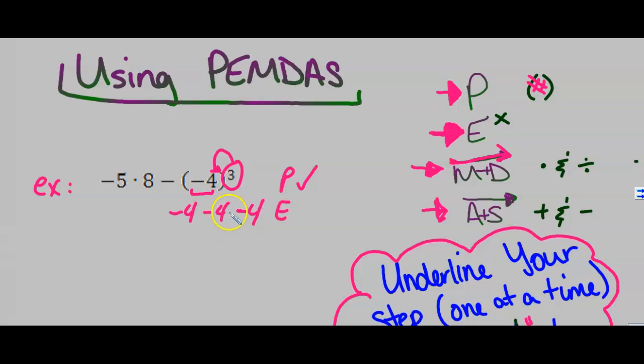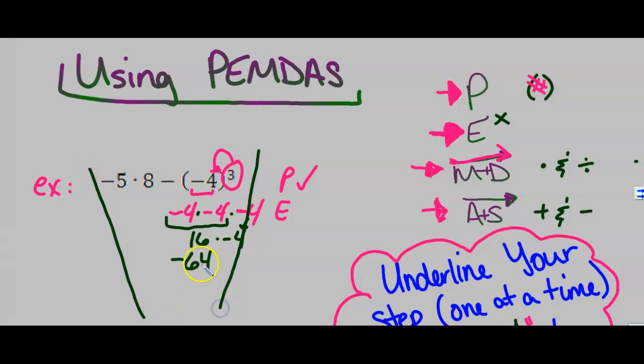Okay. We're going to end up multiplying those -4s together. We got to finish up this exponent here. Okay. Right. So -4 times -4 is +16. Times it by -4 one more time. That's going to give us -64.